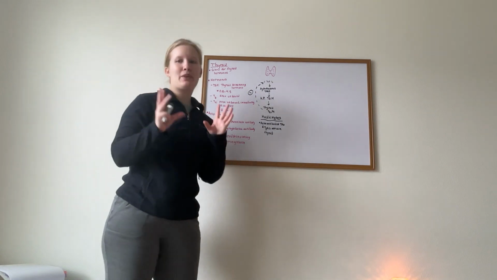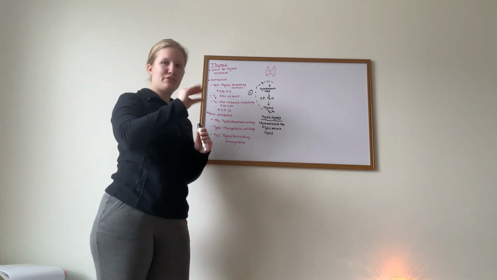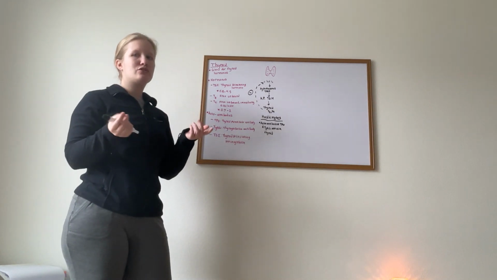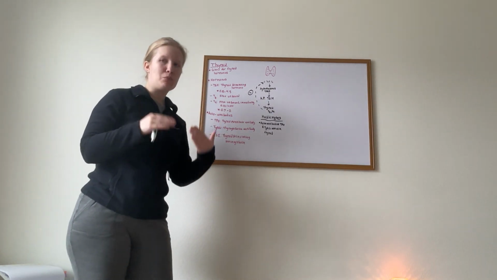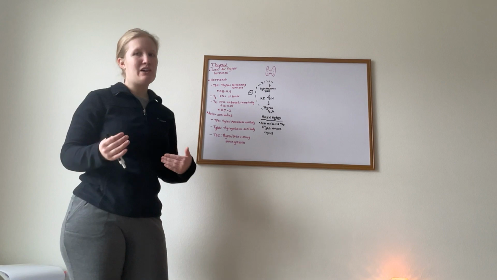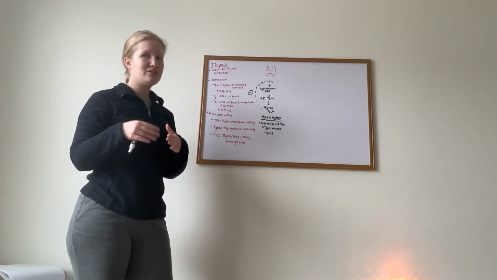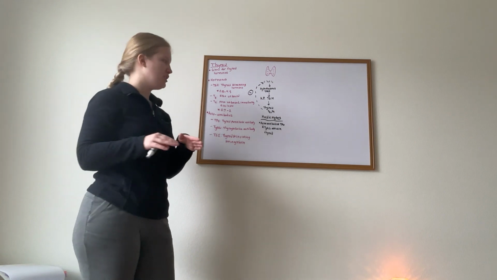I like to think of them like Pac-Man. Pac-Man has those little mouths, they come out, they start eating your thyroid, and eventually it gives you either a small or a non-existent thyroid because it's been eaten up. That's how simple we're going to get with this. Don't want you to stress, that's all you need to know.